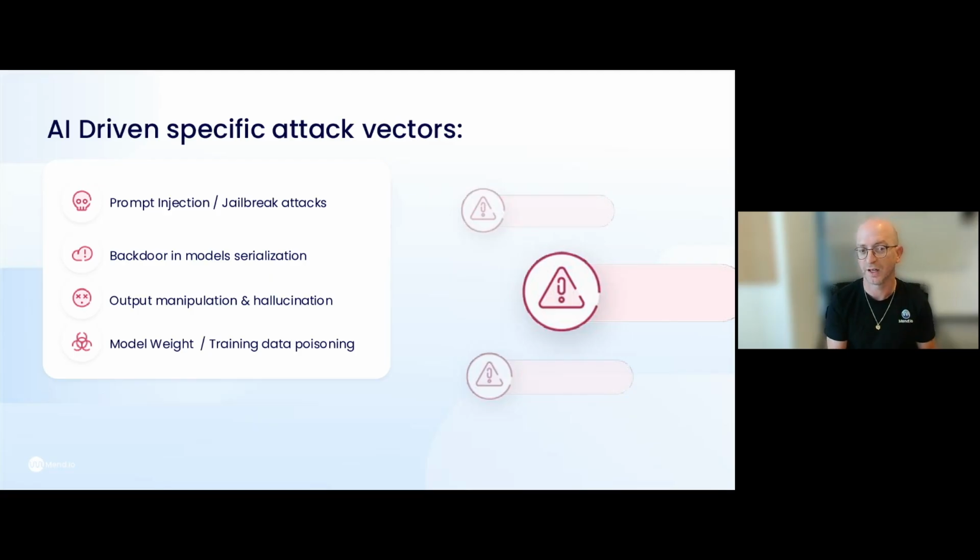Maybe it should help them answer questions, maybe do some actions, but you do not want it to allow them to do things they're not allowed to do. For example, to get access to data of other customers.